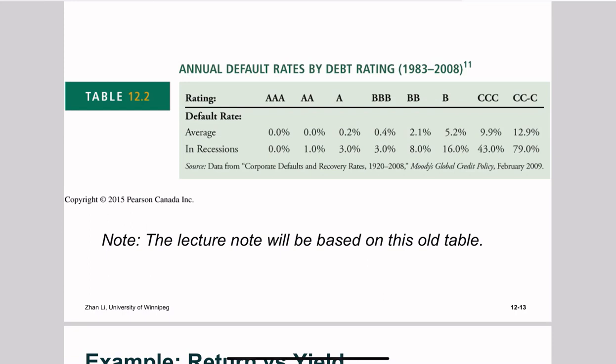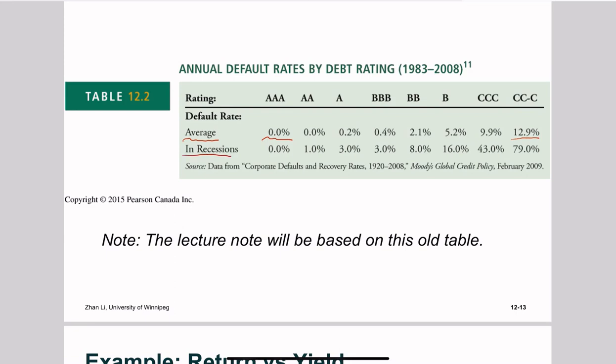So you can see that even during average times, the highest rated debt has almost 0% default rate, and this low CCC rated debt has 12.9%. And this difference will be magnified if there is a recession.